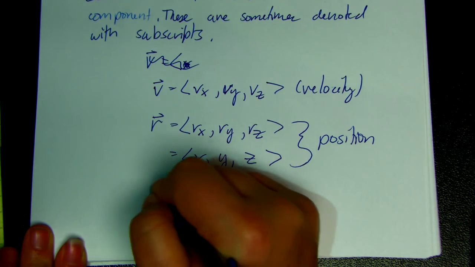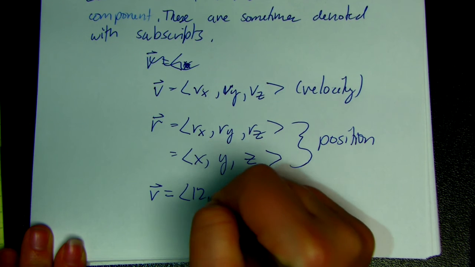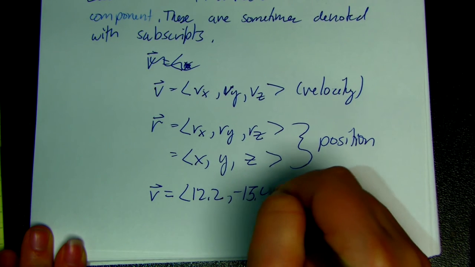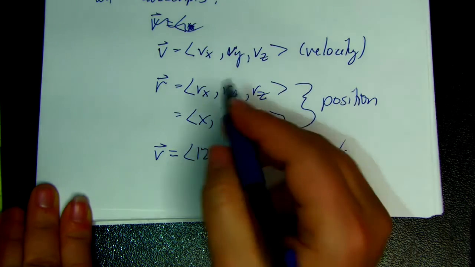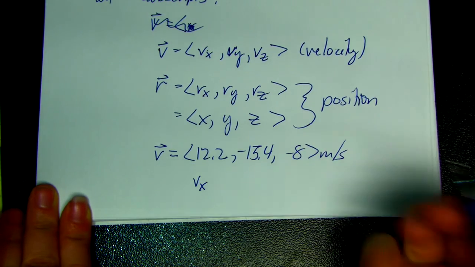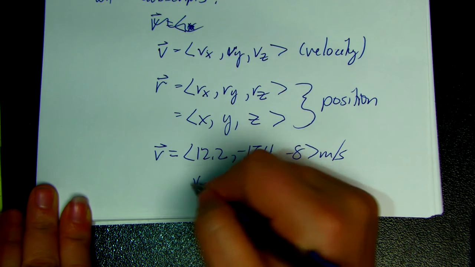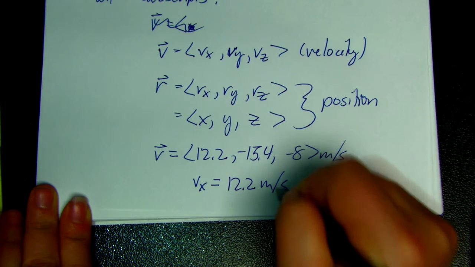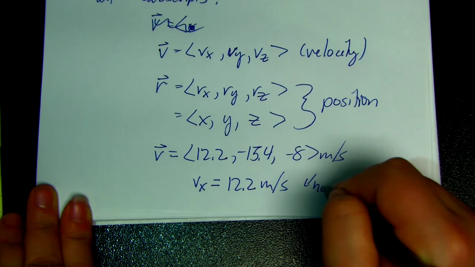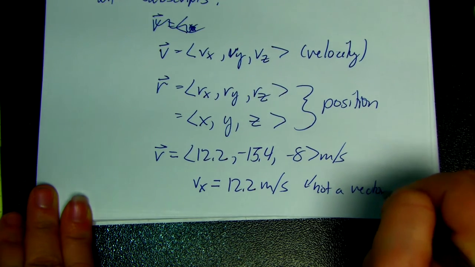So for example, if we have a velocity vector 12.2, minus 15.4, minus 8 meters per second, then if we want to isolate Vx, so it's not a vector, so it doesn't get a vector symbol, then that's 12.2 meters per second. So not a vector, but still has units.